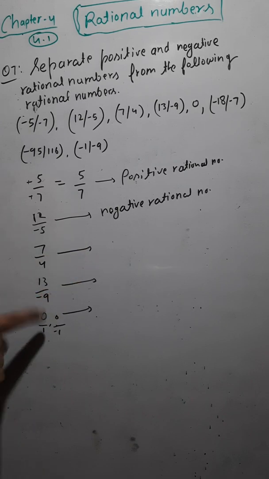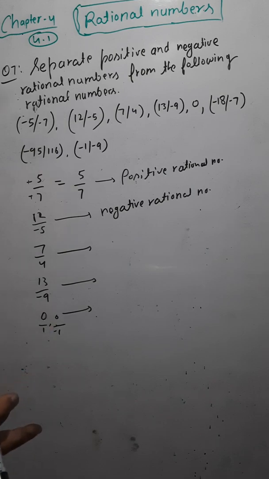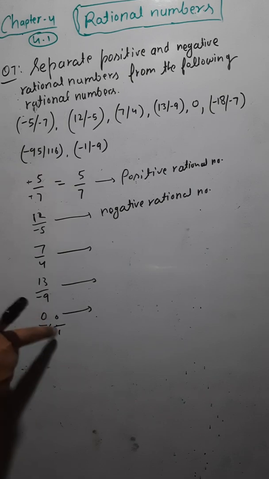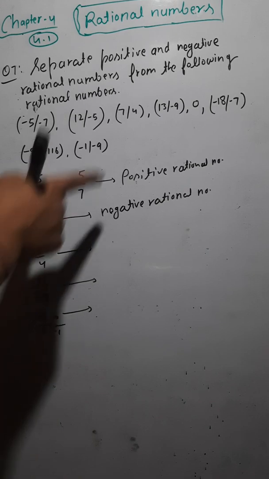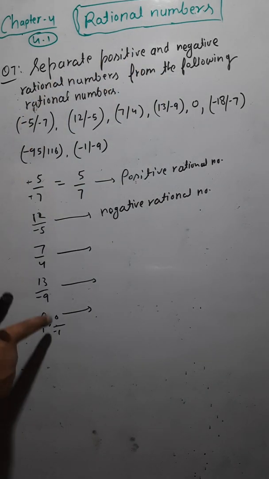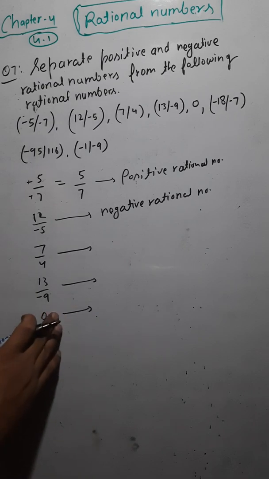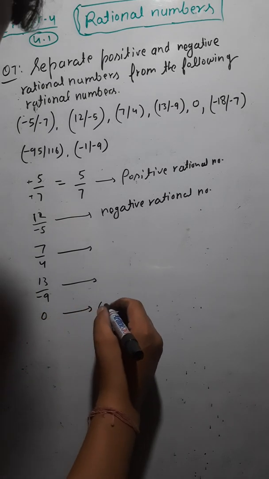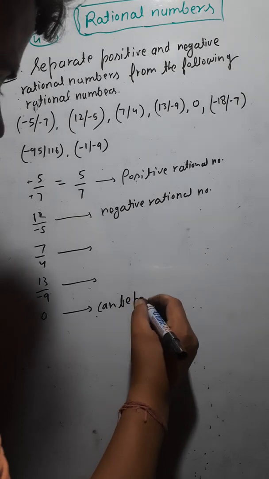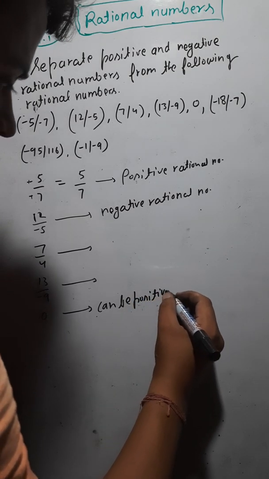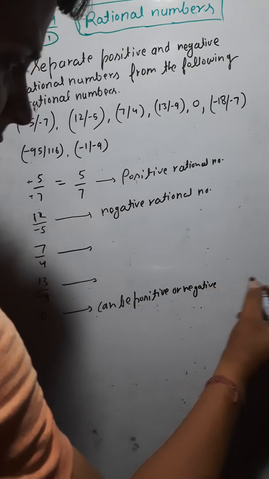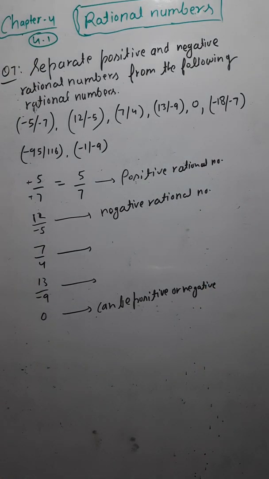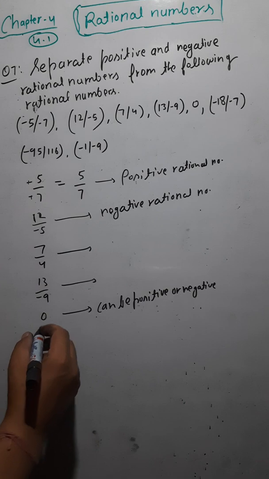In both cases you are getting 0. So hence 0 can be a positive rational number as well as a negative rational number. So right here, it can be positive or negative rational number.